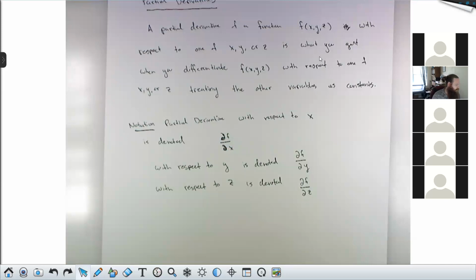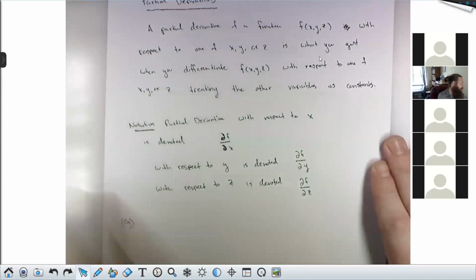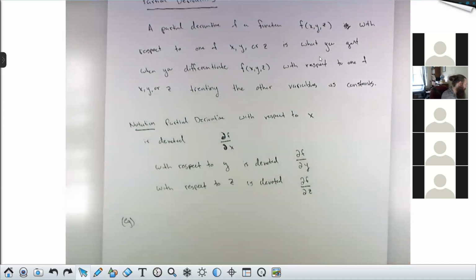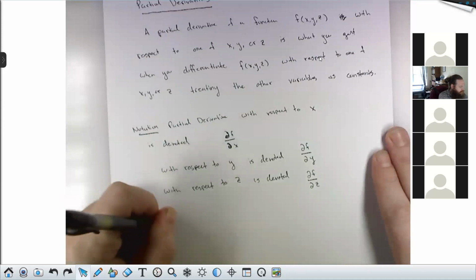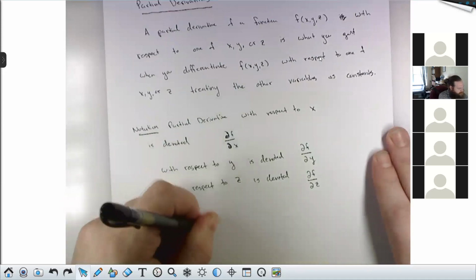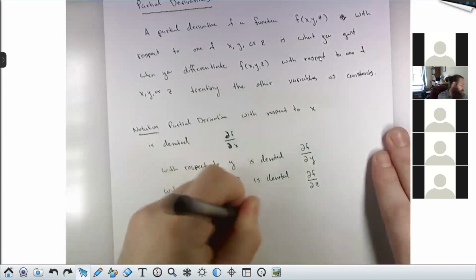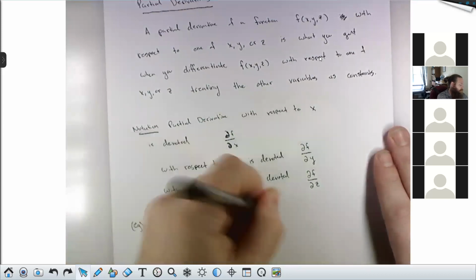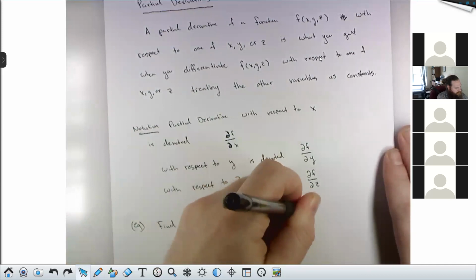So I'd like to look at a couple quick examples here. Well, we can make a few up, why not? So let's find df dx and df dy for f of x, y.